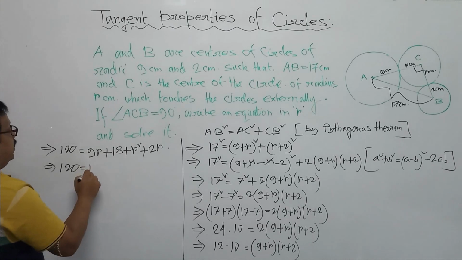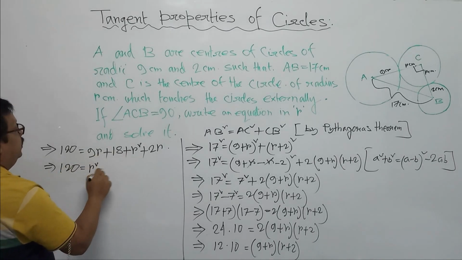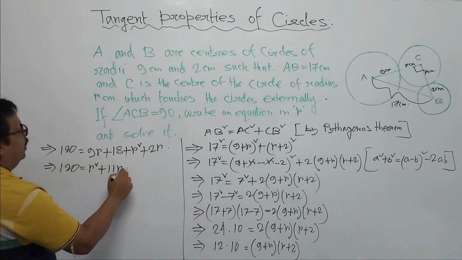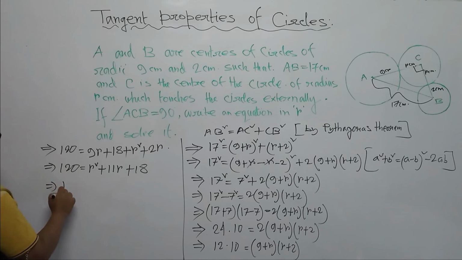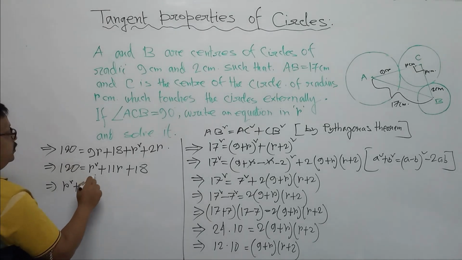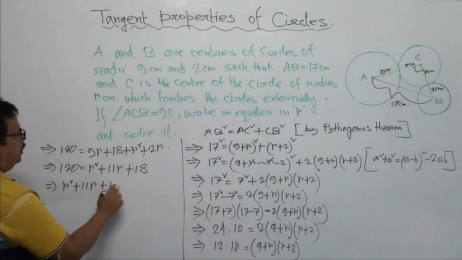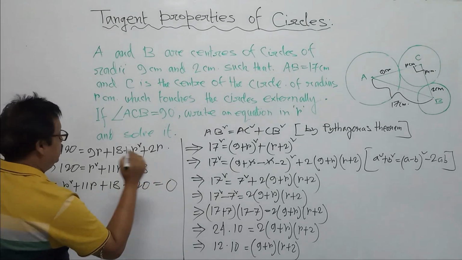That is r square plus 9r plus 2r, 11r, plus 18. This implies r square plus 11r plus 18 minus 120 equal to 0.